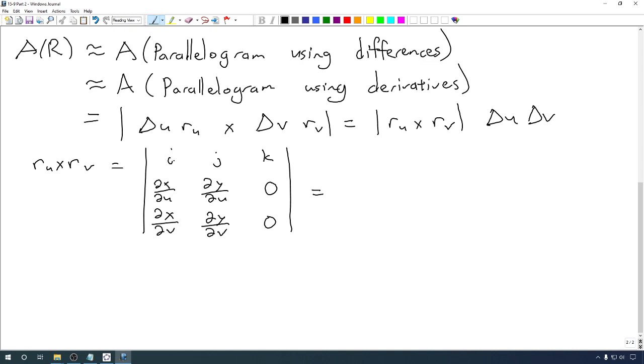But in order to actually take this determinant, we take this i times everything excluding this first row and first column, so the determinant of this 2x2 over here. But since we do have two zeros there, that determinant actually turns out to always be 0. Then we do the same thing with j. We take out this row and this column and look at the determinant of the 2 by 2 that's left. But because we have two zeros, that one always turns out to be 0 as well.